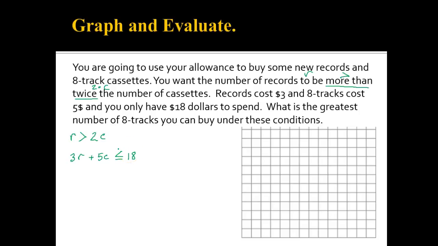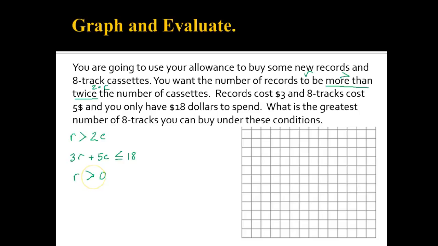Now, this is what's tricky about this one. There's actually 2 other equations that are implicit here but are not written down, are not expressed anywhere in words. The 2 equations are this. You're going to buy some records. That means that you're going to have some number of records that you purchased that's bigger than no records.